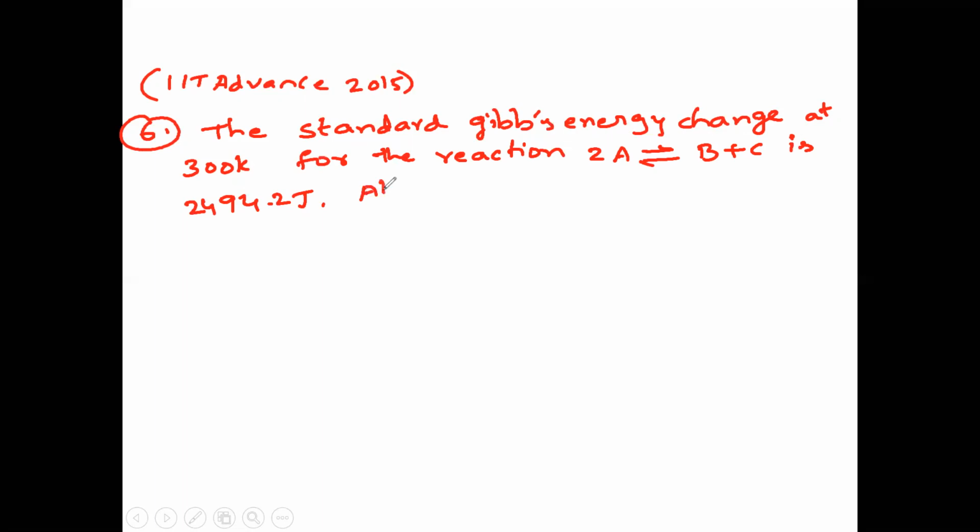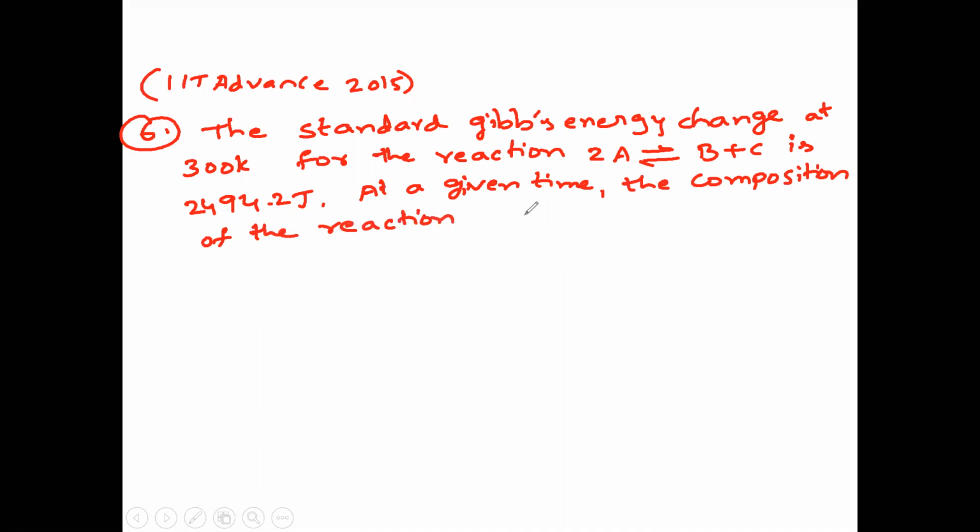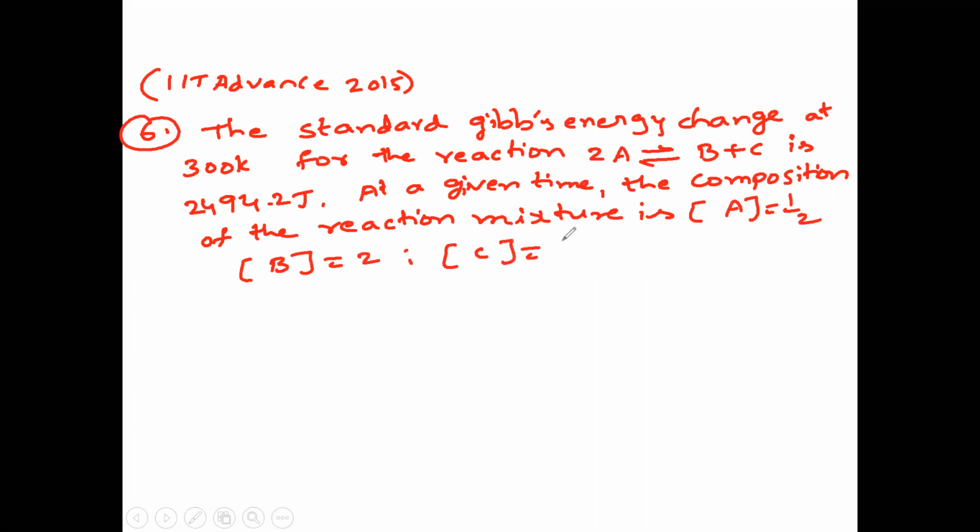At a given time, the composition of the reaction mixture is: concentration of A is equal to 1 by 2, concentration of B is equal to 2, and concentration of C is equal to 1 by 2 again.